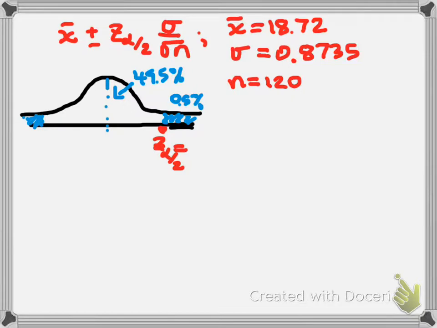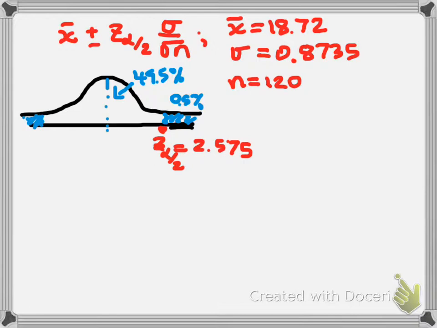So the z-score that corresponds to 49.5% is 2.575. Maybe in your own calculation, maybe you use 2.57 or 2.58. That's okay for now. But because 0.4950 is not in your standard normal distribution table, what you have is 0.4951 and 0.4949, I think.